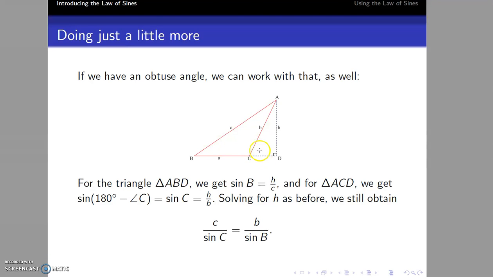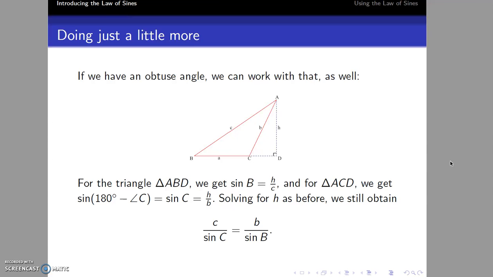So the sine of the supplement of C, being H over B, is equal to the sine of C, which is H over B. And so once again, under this construction as well, the ratio of two sides to the sine of their opposite angles is equal.